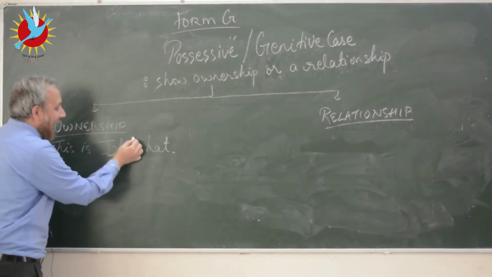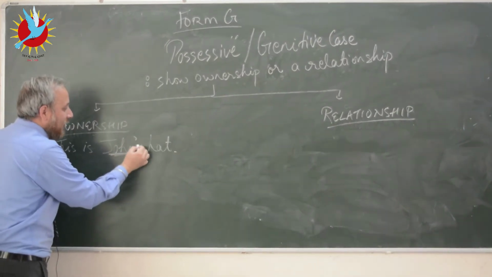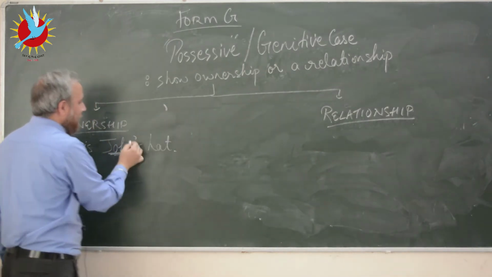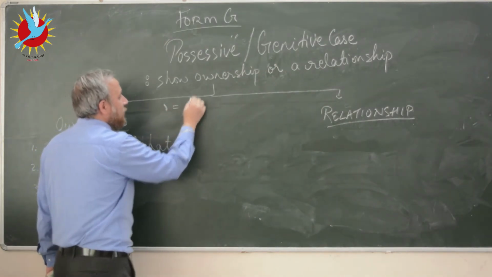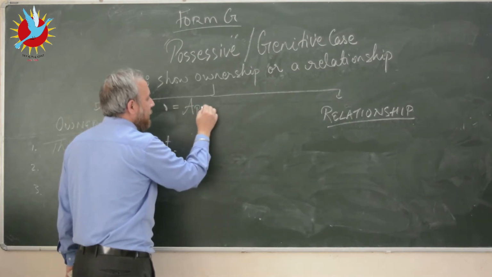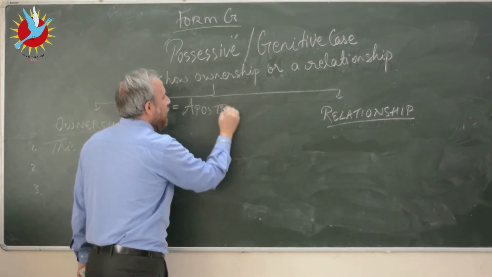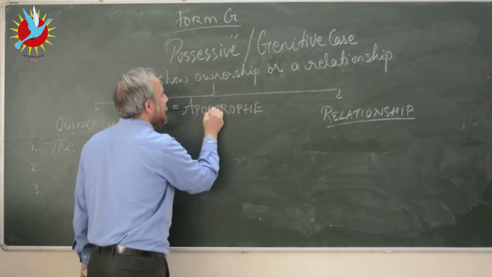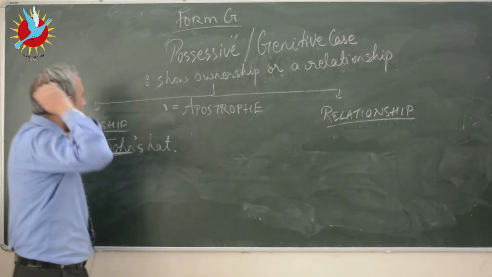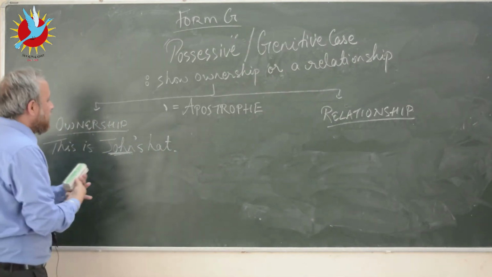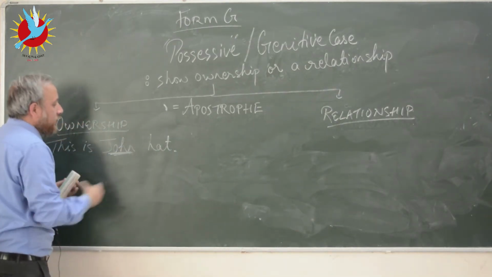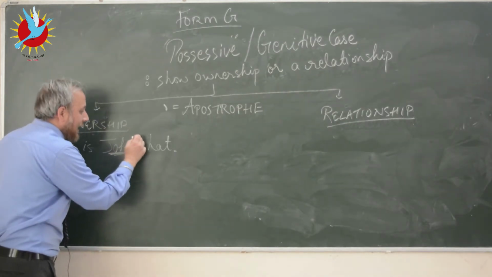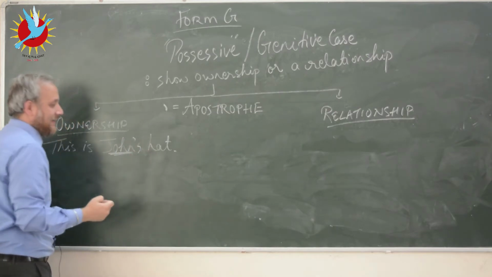I have added this sign and also the letter S. This sign in English is called an apostrophe, A-P-O-S-T-R-O-P-H-E. This proper noun, I've now made a possessive noun by placing the apostrophe and the S.